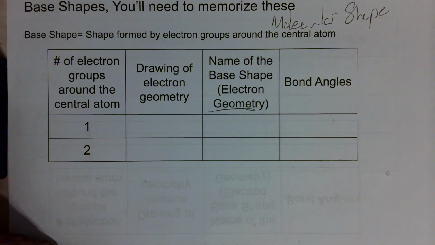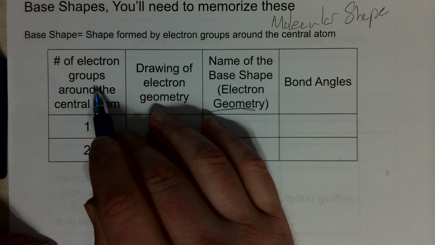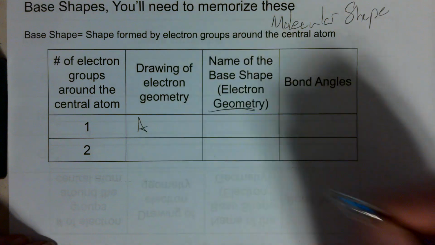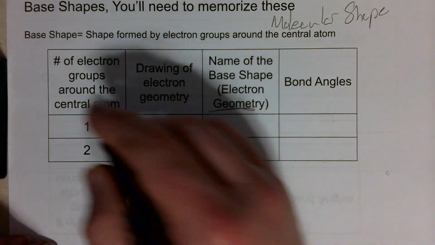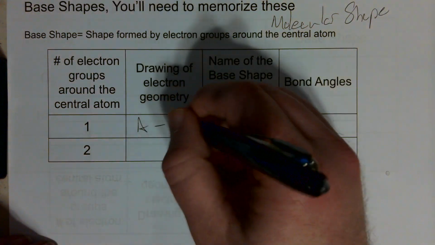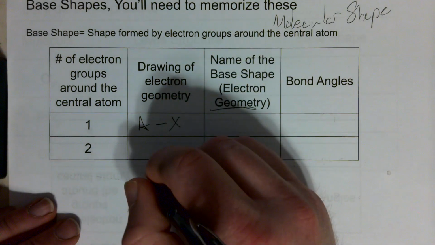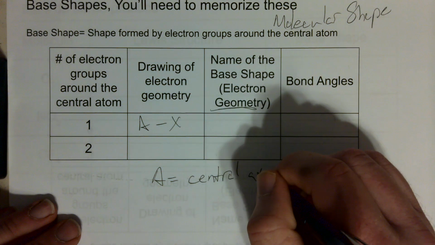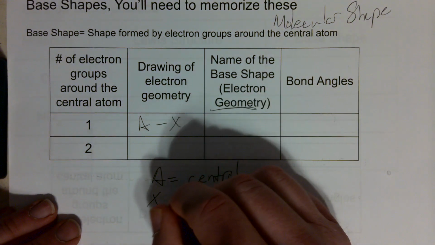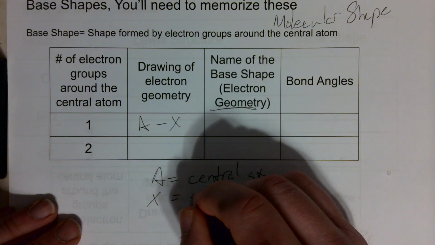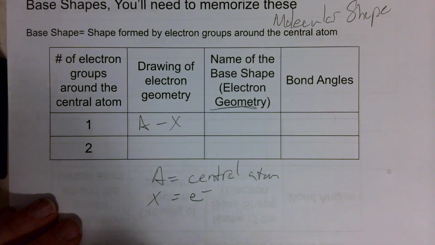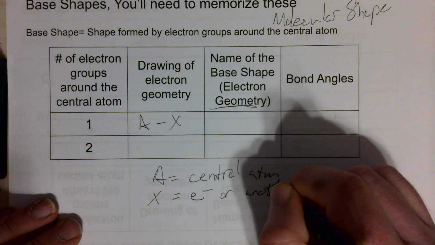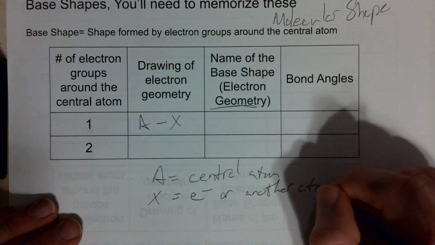So, number of electron groups around the central atom. If I have my central atom, let's put A here, and there's one electron group, we're going to put X for my electron group. So A is my central atom. X can represent either electrons or another atom.